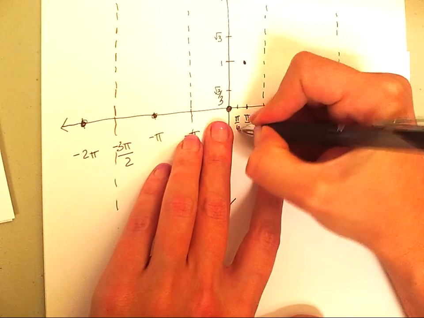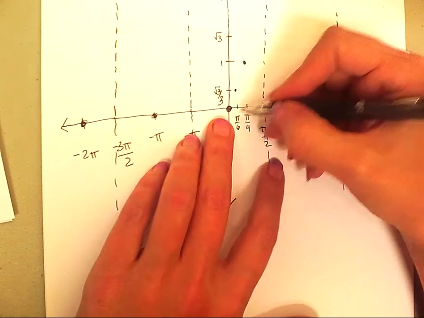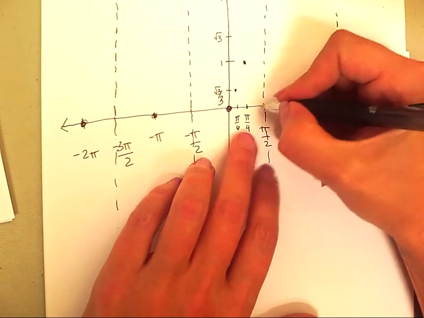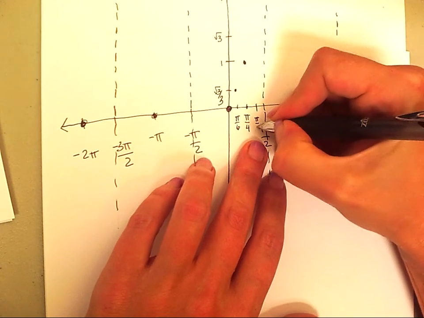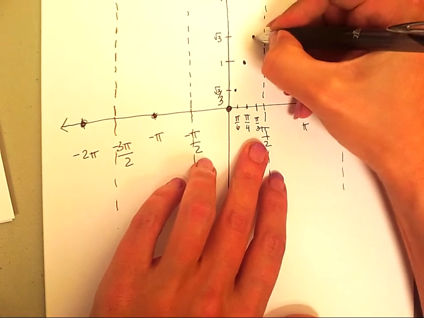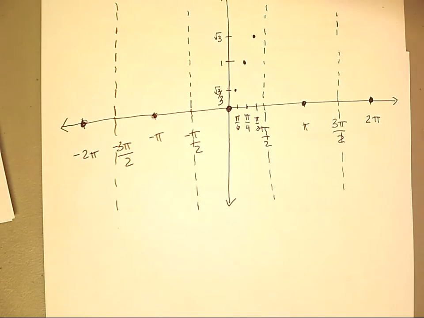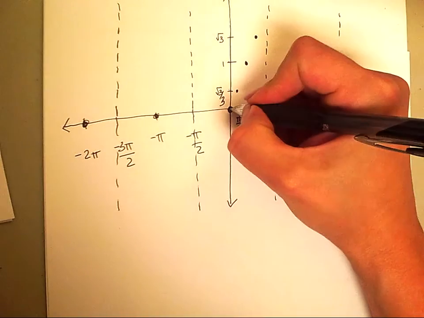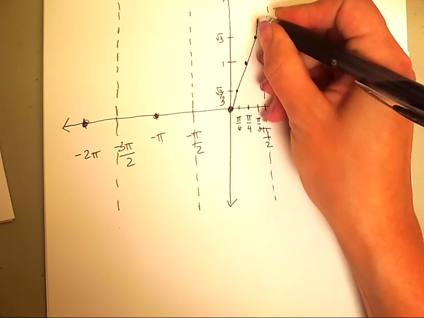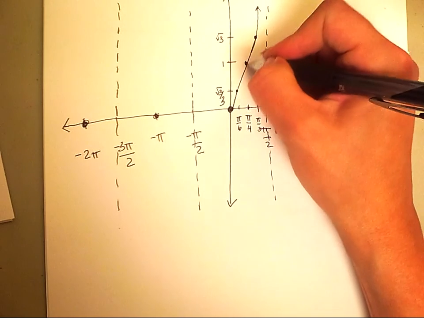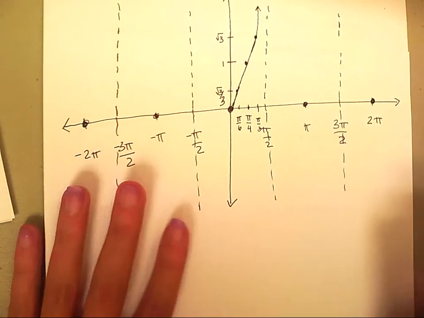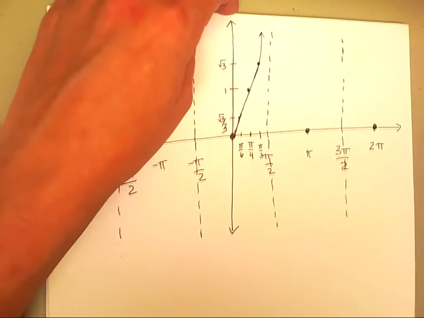And smaller at pi over 6, it's over here at square root 3 over 3, and at pi over 3, it's up here. So what this means then is that this graph is taking off and taking off towards infinity.